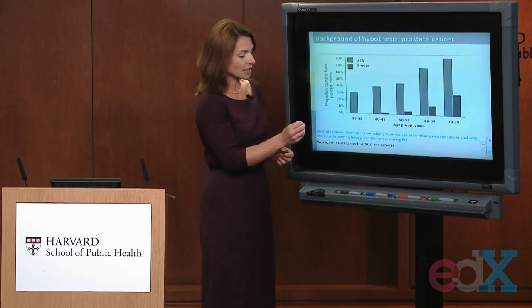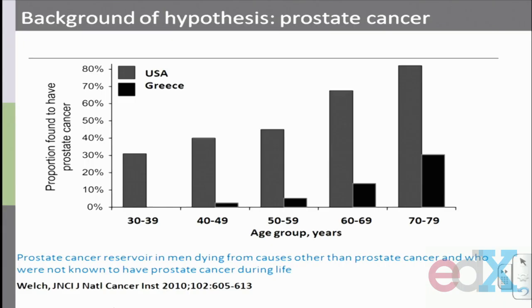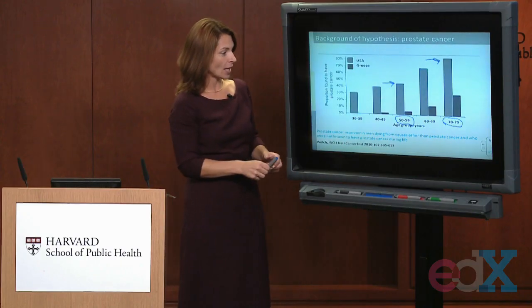The pathologist looked under the microscope and saw the following: among 50 to 59-year-old men, all of whom had died of other causes than prostate cancer, actually 50% of them had what the pathologist would have called prostate cancer. And for men aged 70 to 79, almost 80% of those men had prostate cancer.